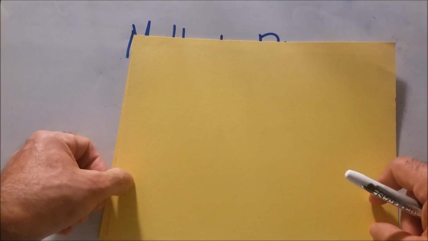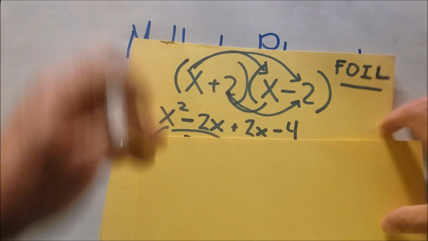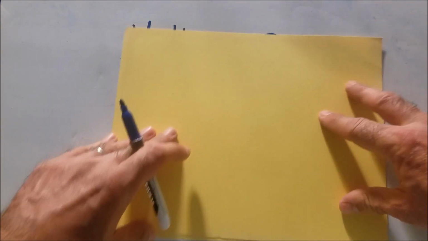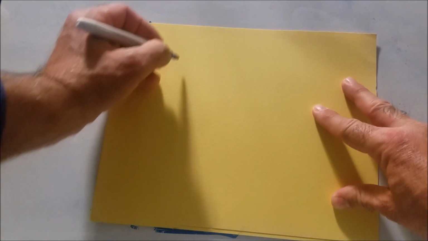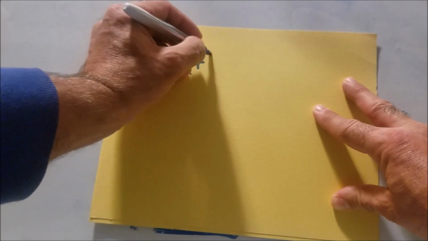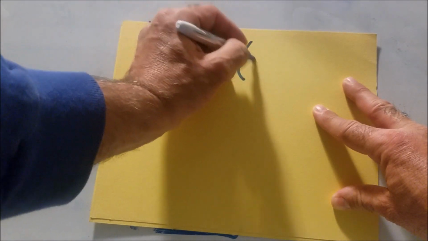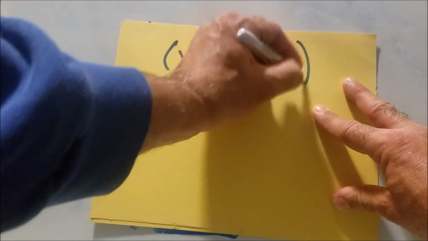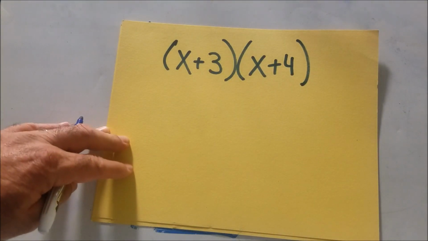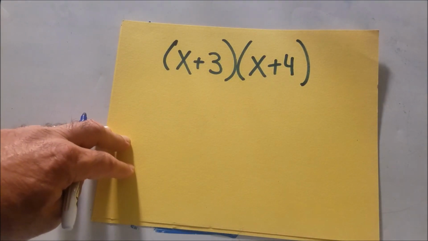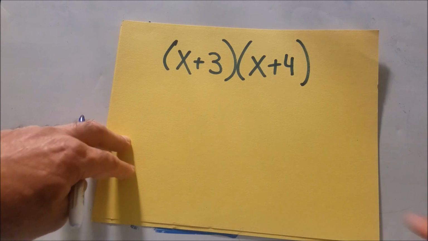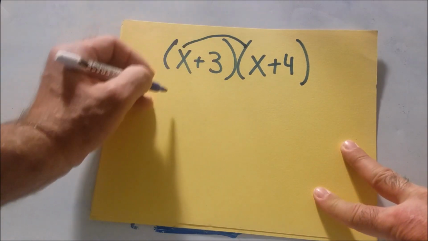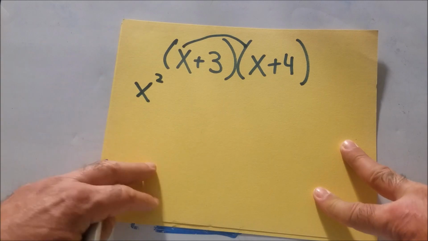All right, what if we had x plus 3 and x plus 4? So what would you get with this? We have two binomials here we're multiplying. Again, x times x is x squared.